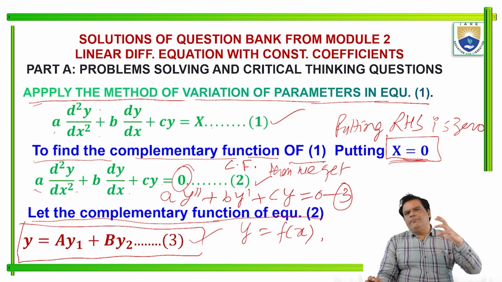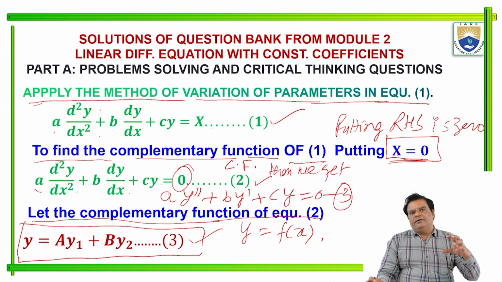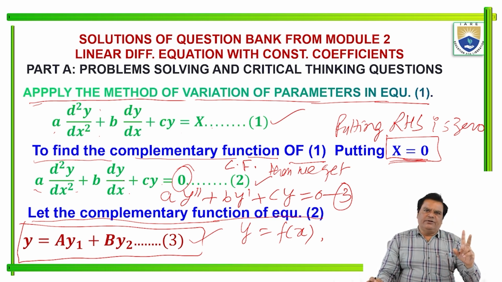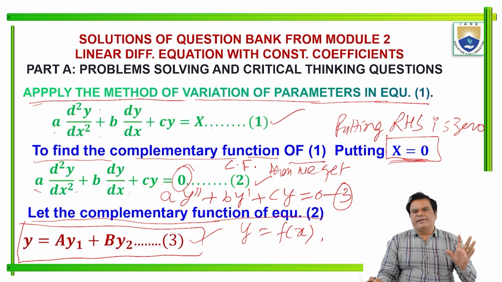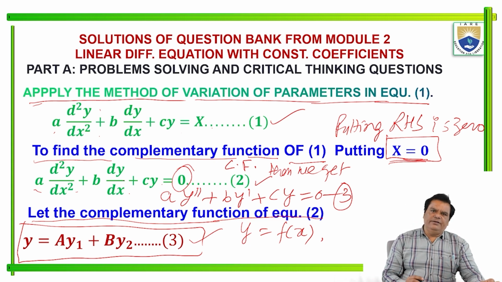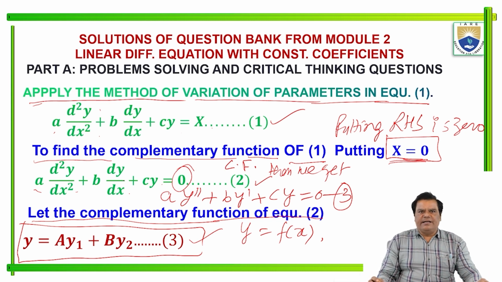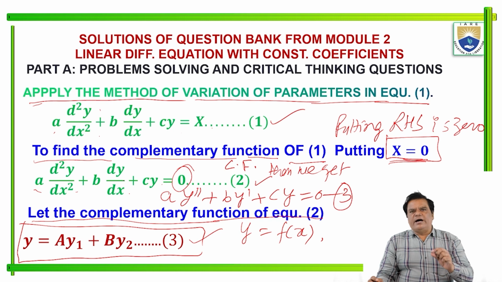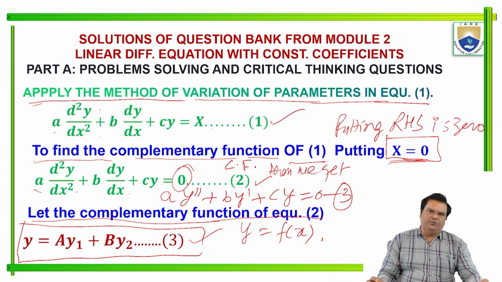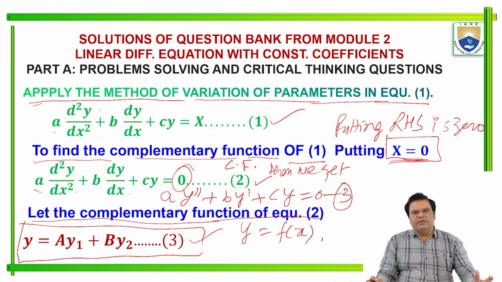In any complementary function, if the differential equation is of order two, then there are two arbitrary constants and two solutions. So in the complementary function, A and B are arbitrary constants and y1 and y2 are solutions of equation 2.